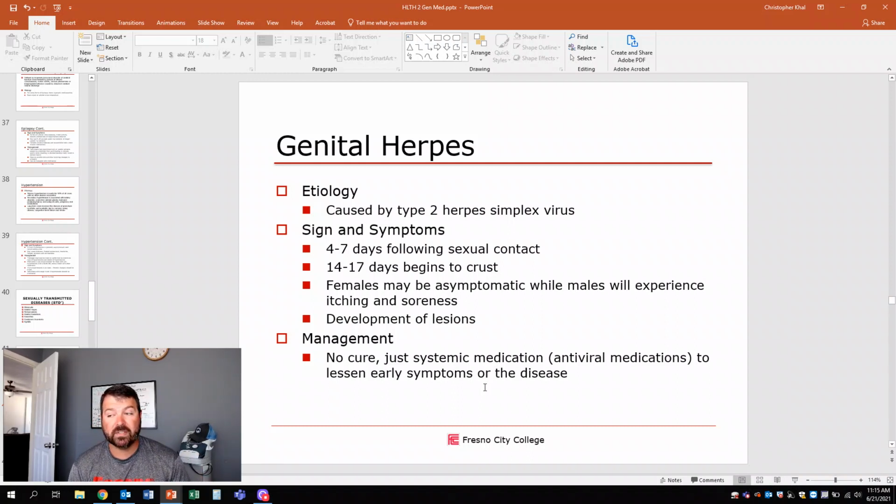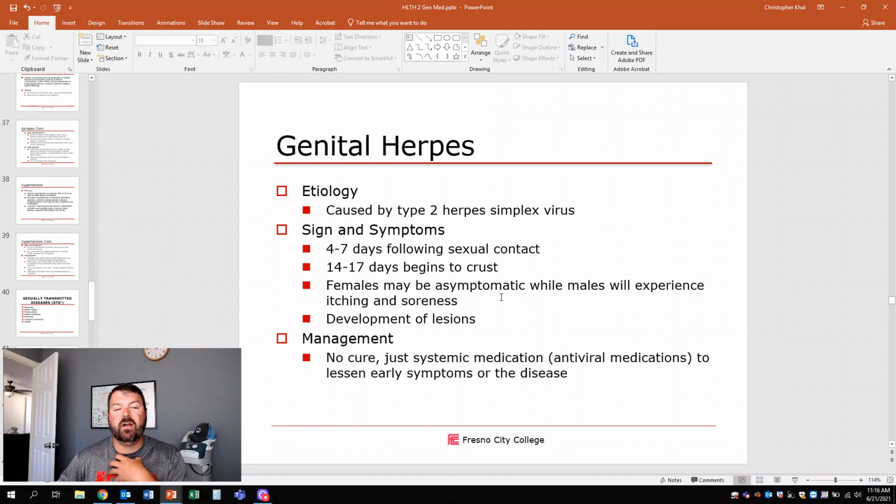It's still herpes. And while nothing's going to affect you sexually, like you're not really going to have pain on urination or anything like that, you will see the herpes kind of spots appear.